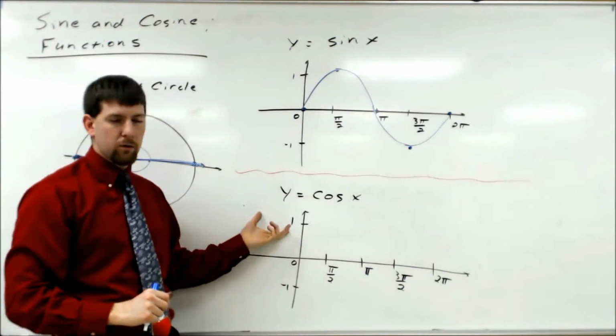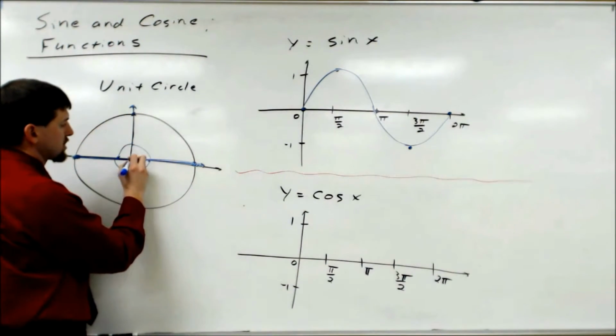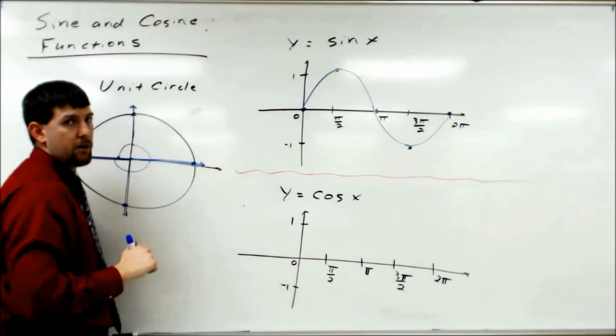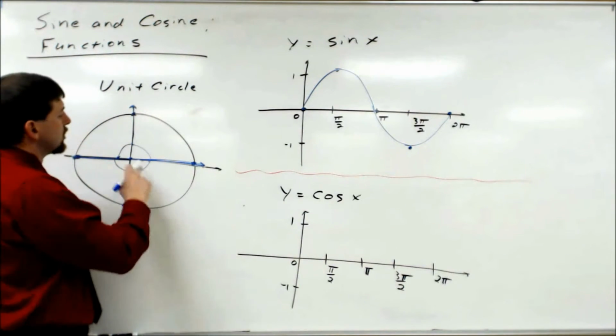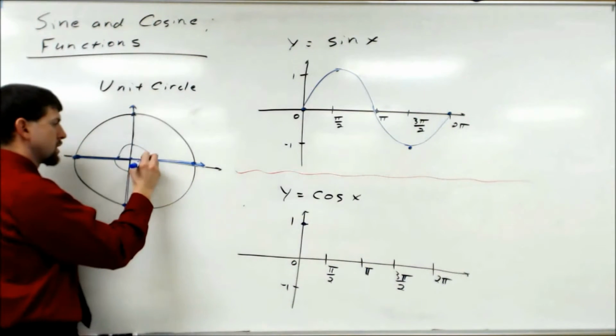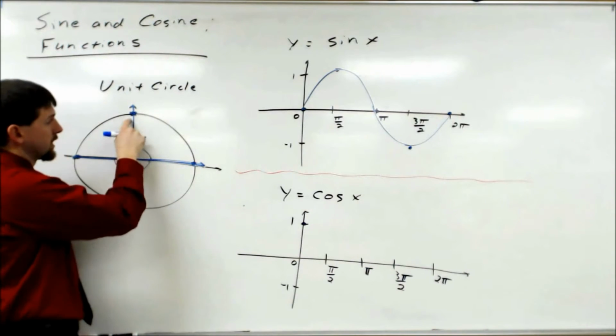Now, y equals cosine. Let's look at a cosine graph. Using the same idea, if I started here at 0 radians, remember cosine is the width of the point on the terminal side inside the unit circle. So the width at this point is 1. Rotate around to 90 degrees. The width of this point is going to give me 0.